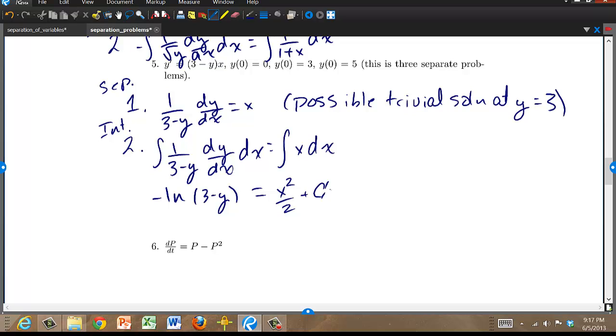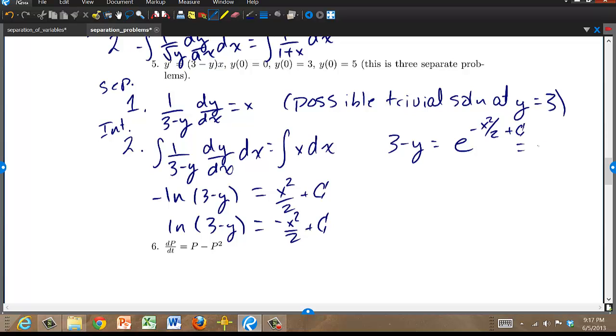So we can go ahead and exponentiate everything. Let me just move the natural log to the other side. 3 minus y equals negative x squared over 2 plus a constant. That's better. Exponentiate: 3 minus y should be e to the negative x squared over 2 plus a constant. So that's e to the negative x squared over 2 times a constant a.